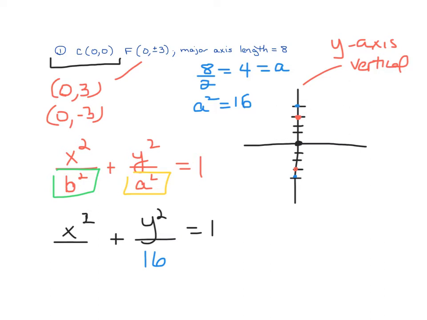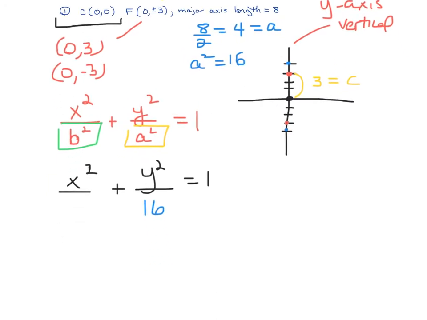Now I need to find my C value, or my B value, sorry. Now, from the focus point, or the distance from the center to this focus, you can see that it's 3. So if they give you a focus point, this is your C value. Good?